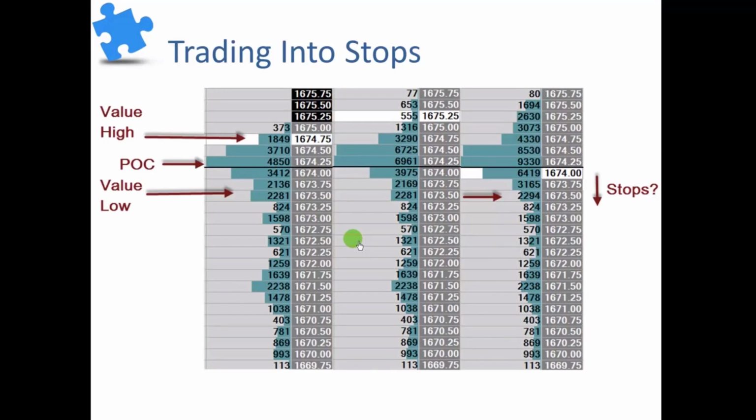But playing a break is partly a function of how many times it's hit the extreme and the order flow leading into that extreme. So it's unusual to see an extreme hit 7 or 8 times. Now when I say an extreme being hit, I'm going to count all activity at an extreme as one hit. So in this picture, on the right, where our range is 73.50 to 75.50, I've got 74.25 as the POC.